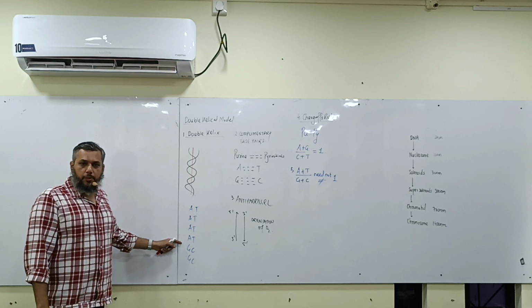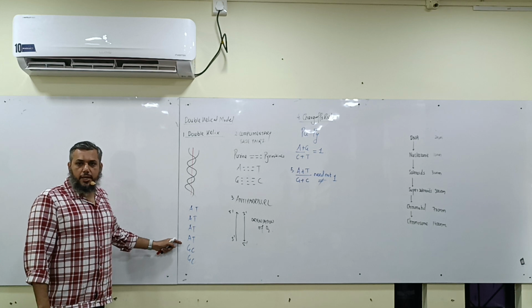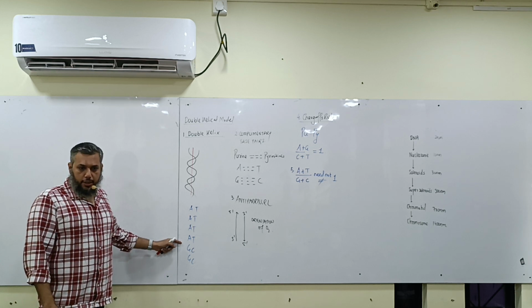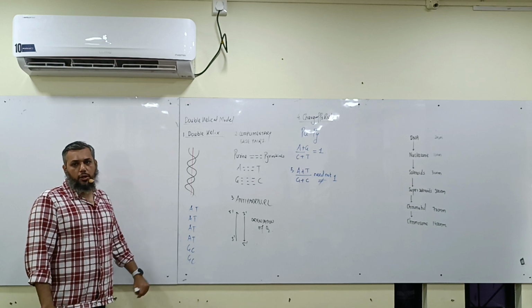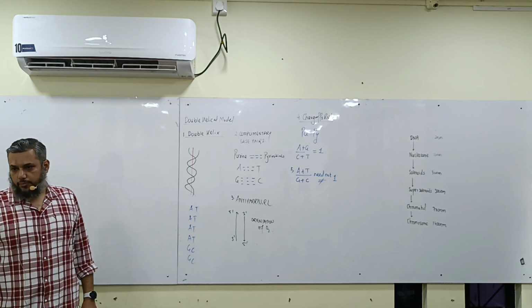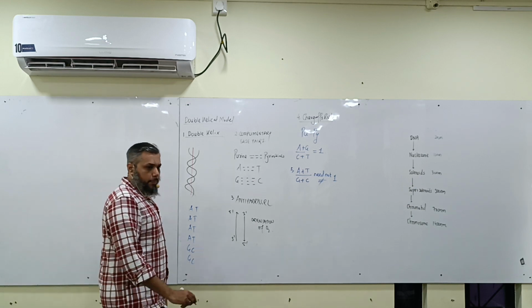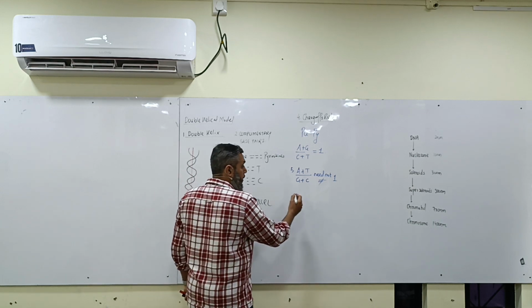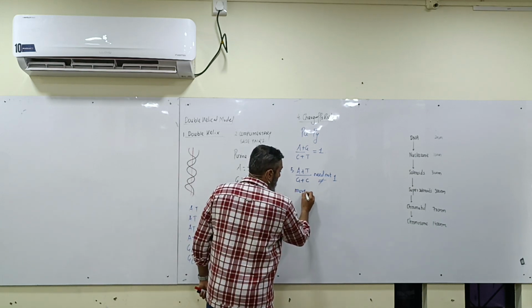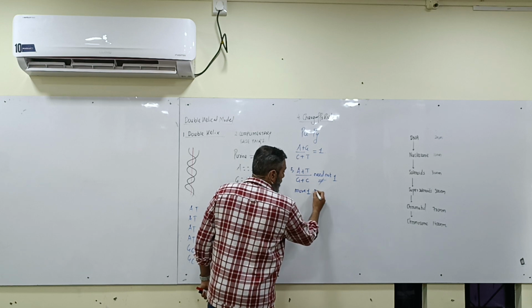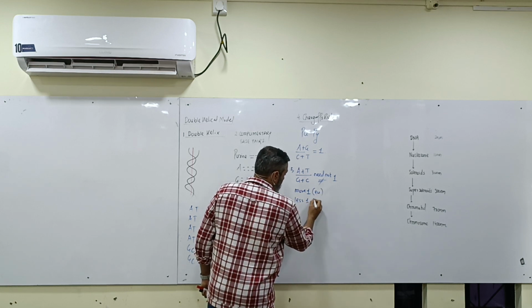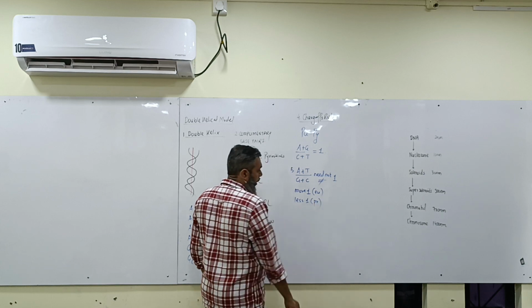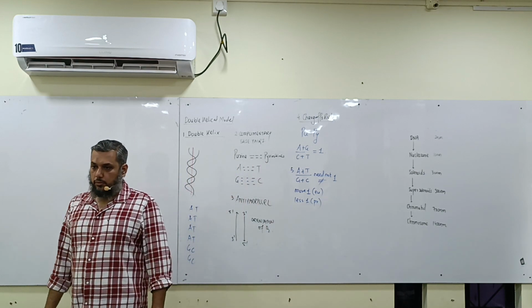A plus T upon G plus C more than 1 is an indication that it's a eukaryotic DNA. A plus T upon G plus C less than 1 is an indication of a prokaryotic DNA. You got it? I said A plus T upon G plus C more than 1 is an indication of eukaryotic DNA, and less than 1 is an indication of a prokaryotic DNA.